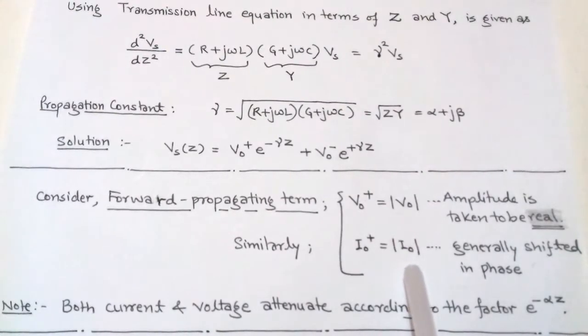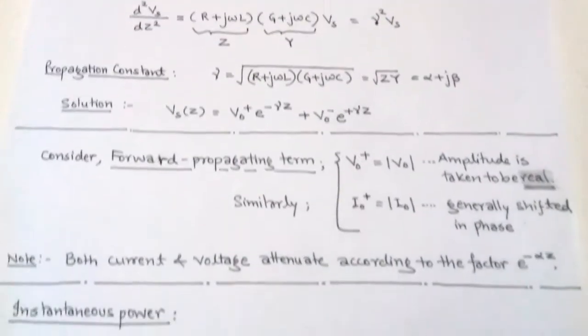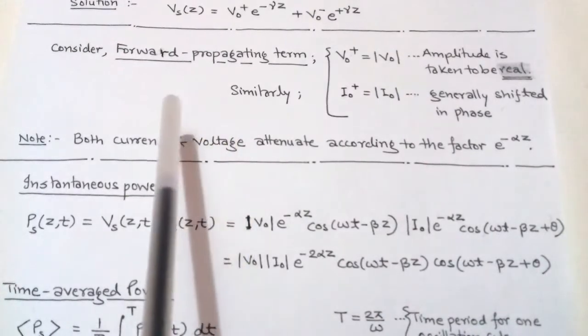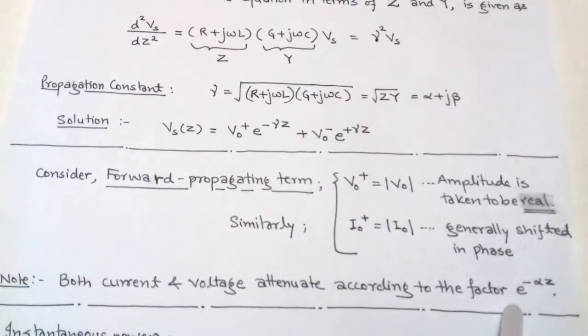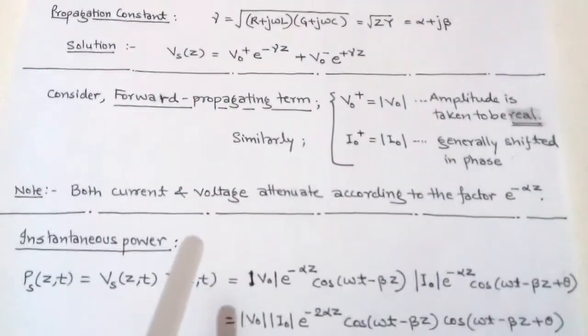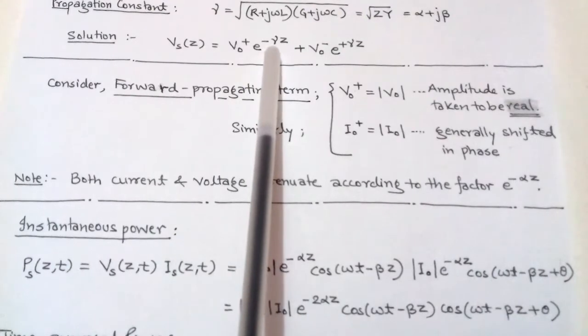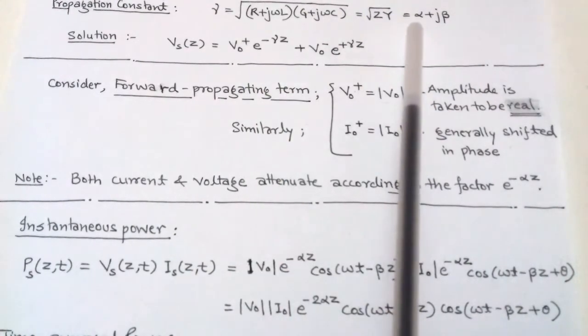And here mod of I0 is shifted by some phase theta, that is due to the characteristic impedance of the transmission line, that is Z0. So here both the voltage and current attenuate according to the factor e to the power minus alpha z, because we know that the propagation constant gamma is equal to alpha plus j beta, and here the attenuation constant is alpha.